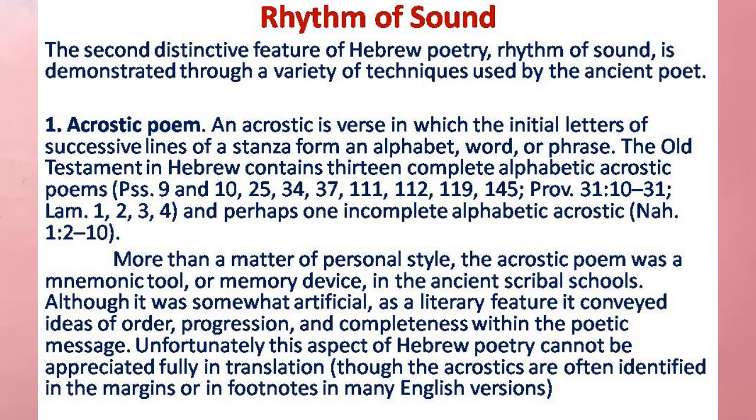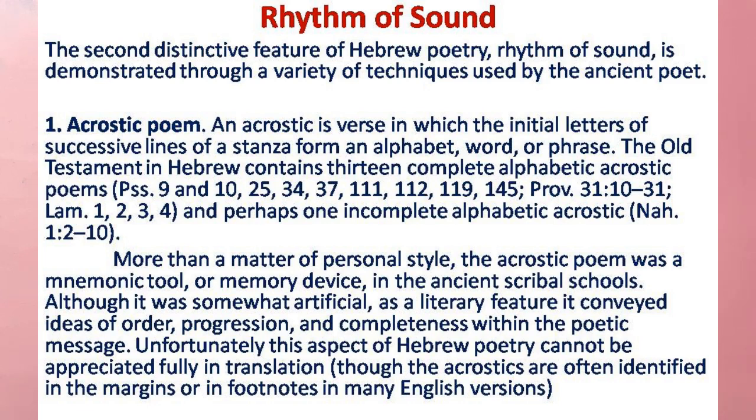More than the matter of personal style, the acrostic poem was a mnemonic tool or a memory device in the ancient scribal schools. These techniques were basically used in the scribal schools in order to teach the students the scripture. Although it was somewhat artificial, a literary feature, it conveyed ideas of order, progression, and completeness.